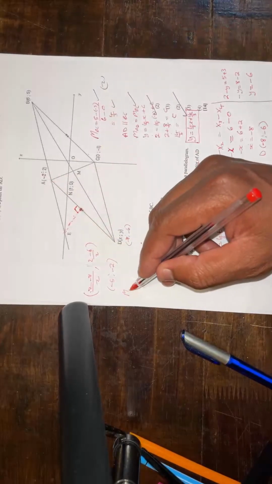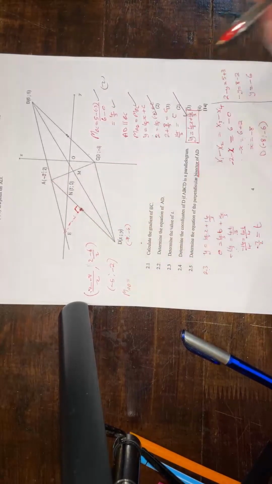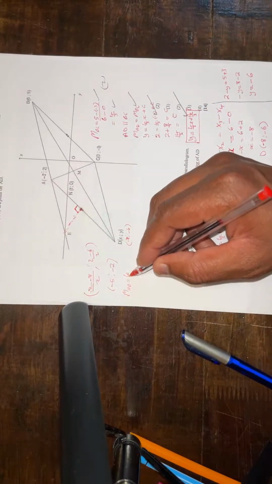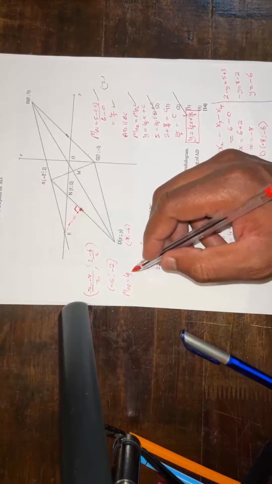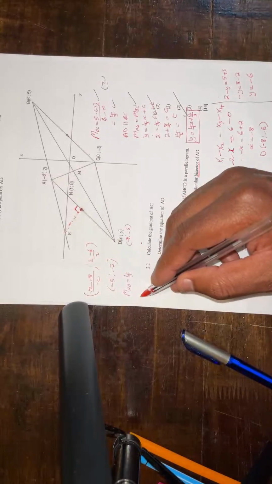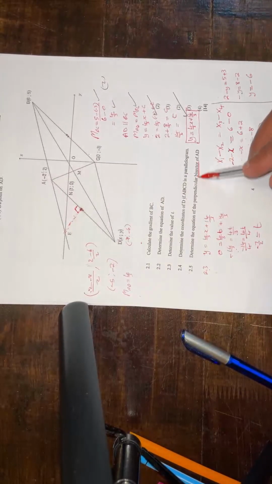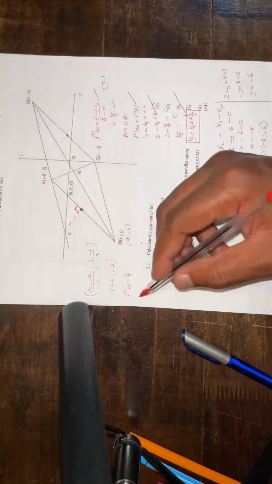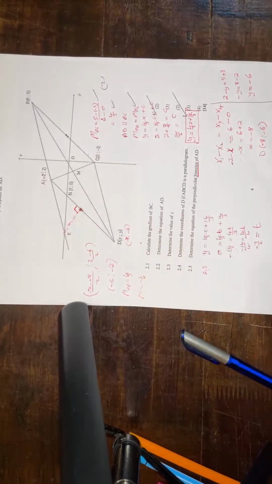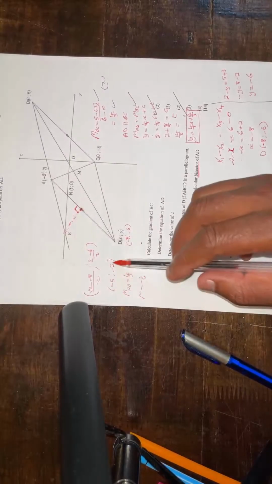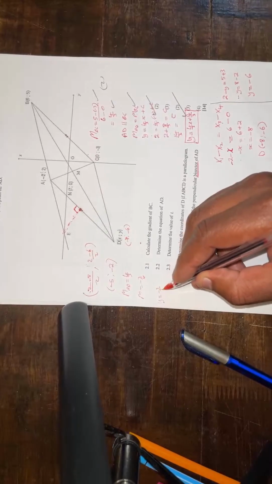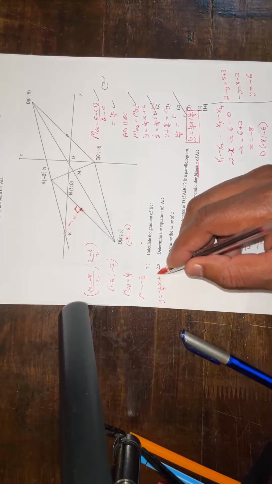If these two lines are perpendicular, the gradient of the perpendicular bisector will be negative 3 divided by 4. And then we use these coordinates to find the equation. y is equal to negative 3 divided by 4 x plus c.